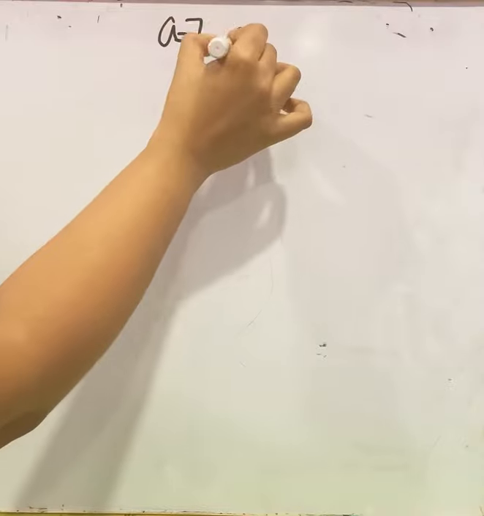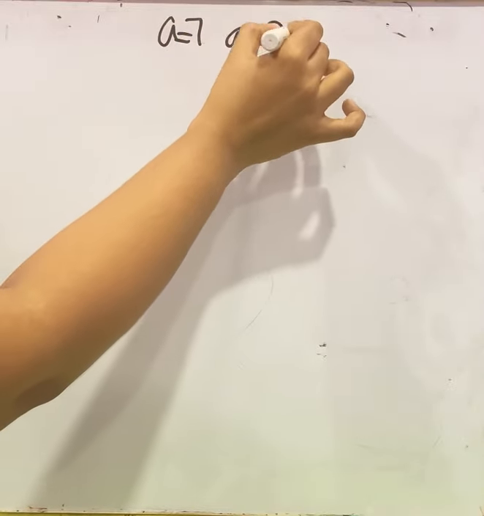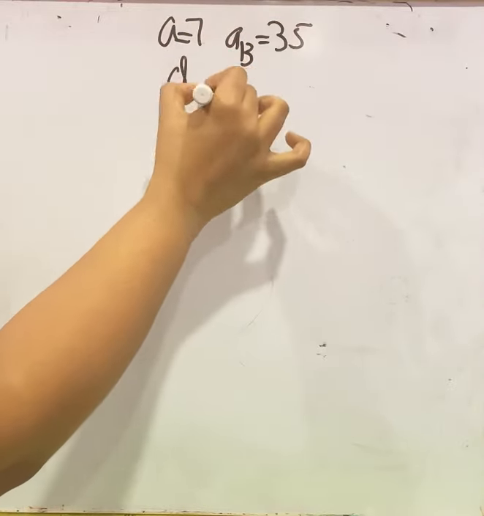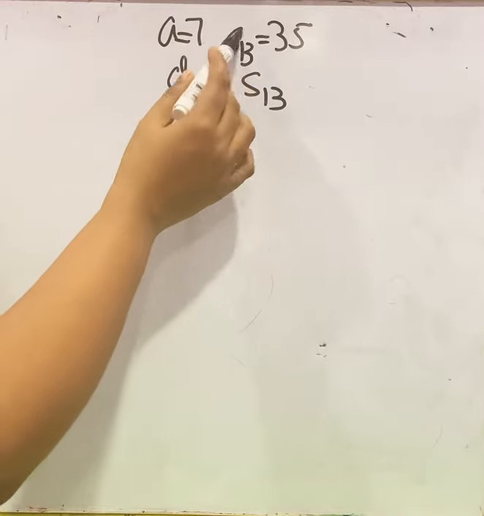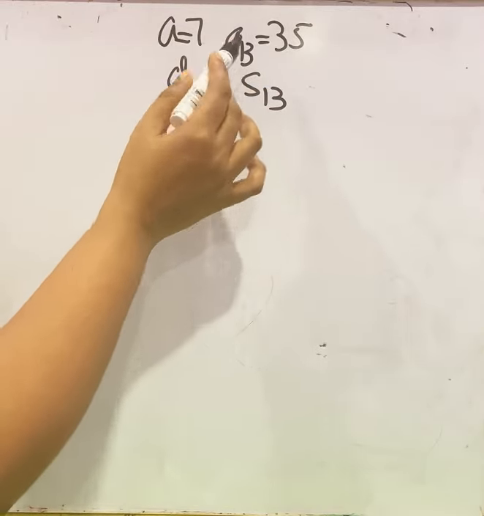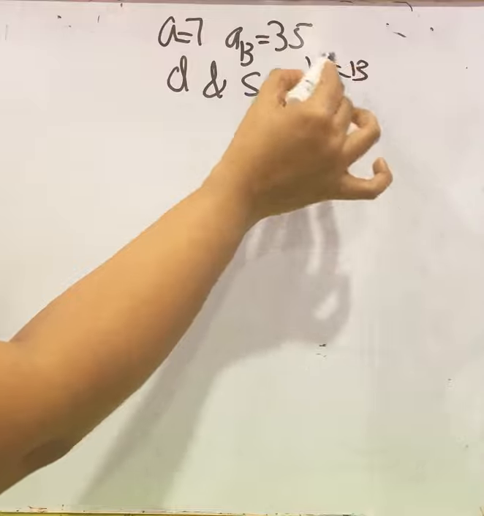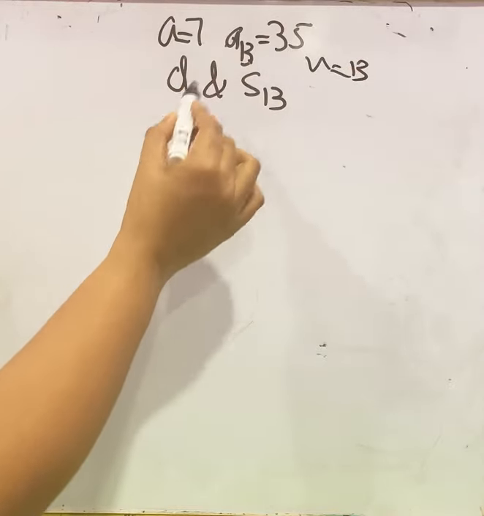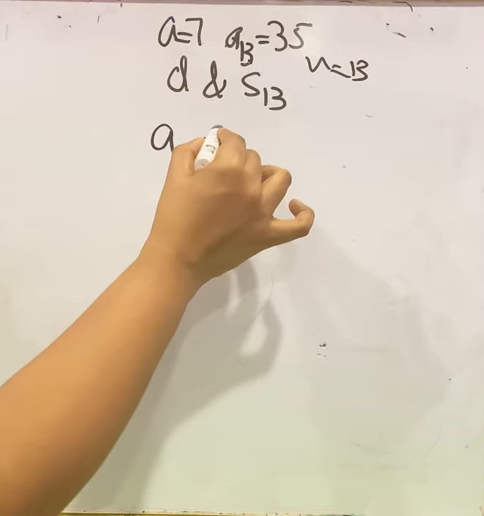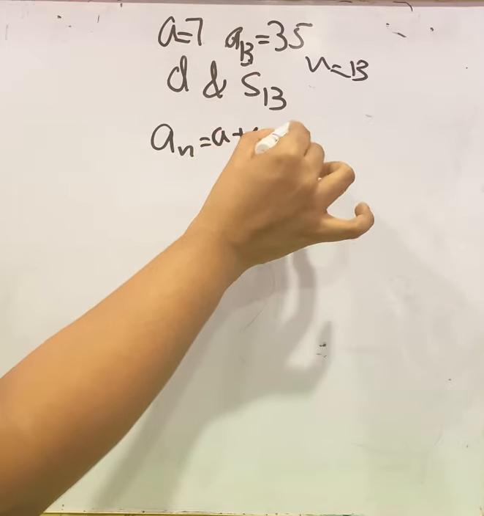Next question: a equal to 7, a13 equal to 35. Find d and S13. Now this is an, here we have n equal to 13. A13 means an, and we know the equation an equal to a plus (n minus 1) into d.